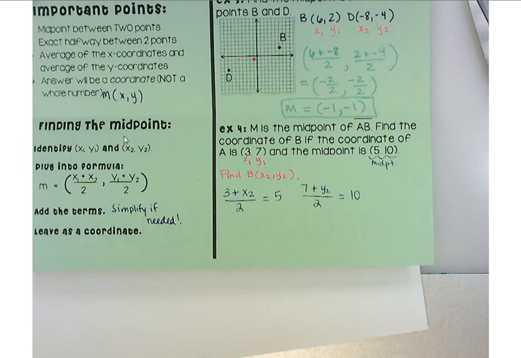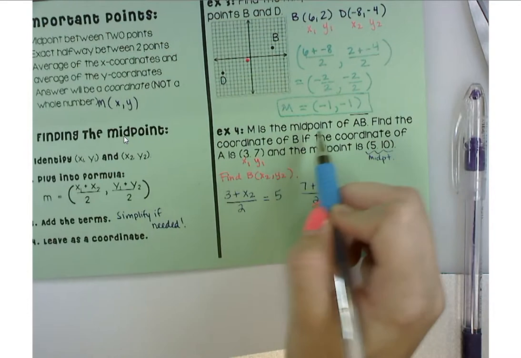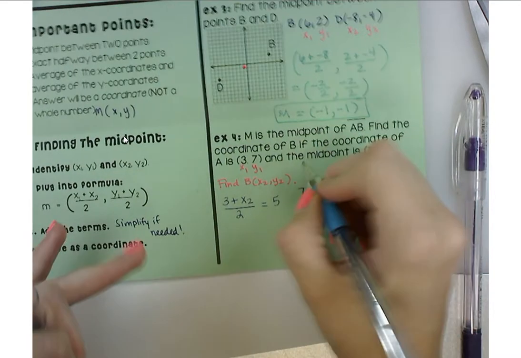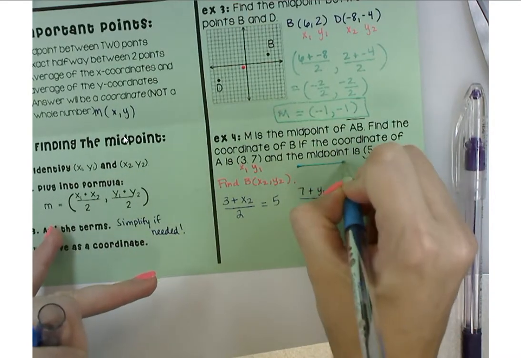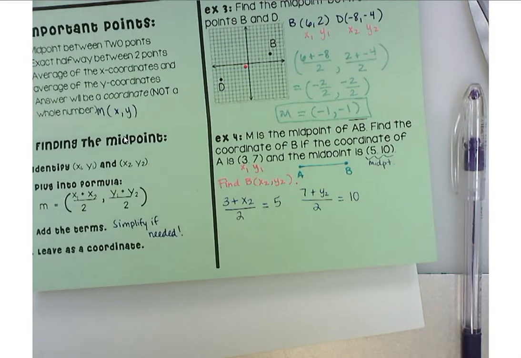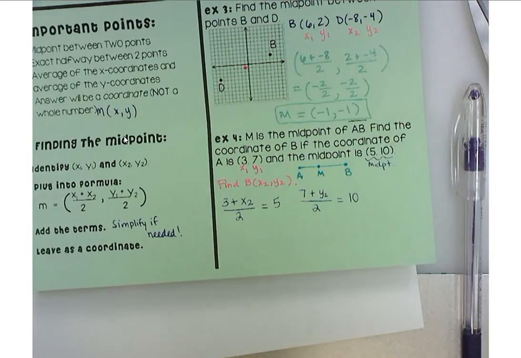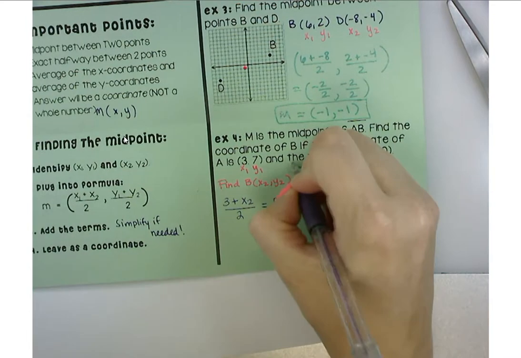Okay, so now what we're going to do is solve these, and I'm going to help you do that. But I also want you to have some kind of visual representation. It tells you here M is the midpoint of AB. So sometimes it's helpful to draw your segment AB and put M in the middle. They give you A is 3, 7.